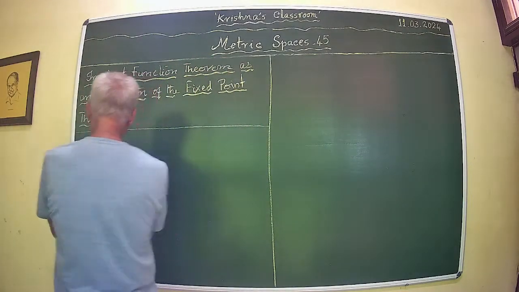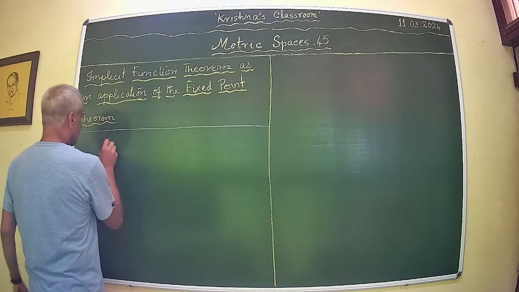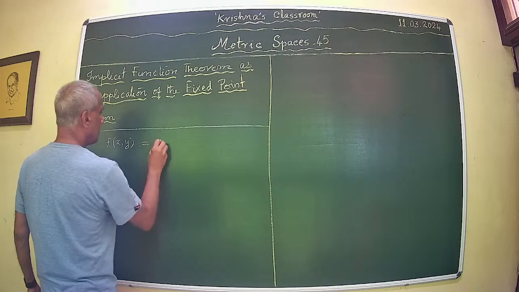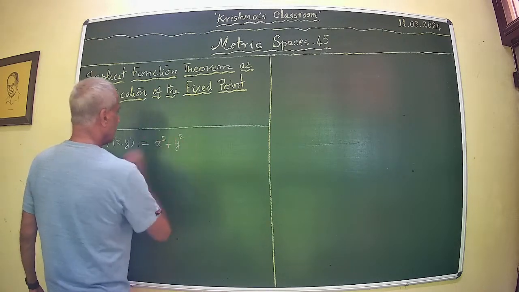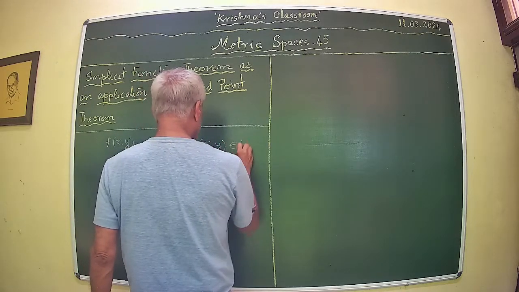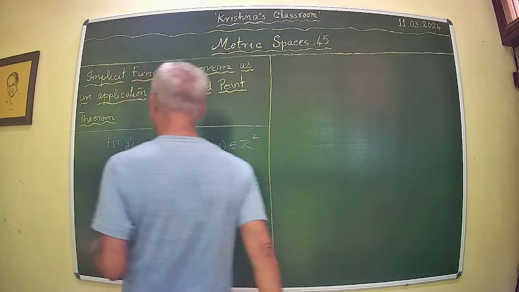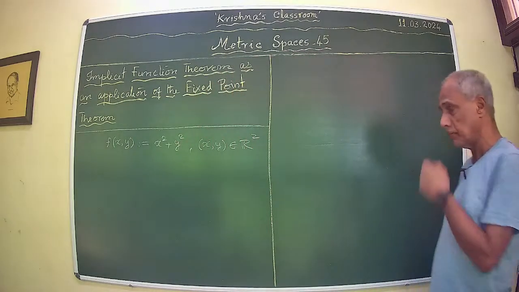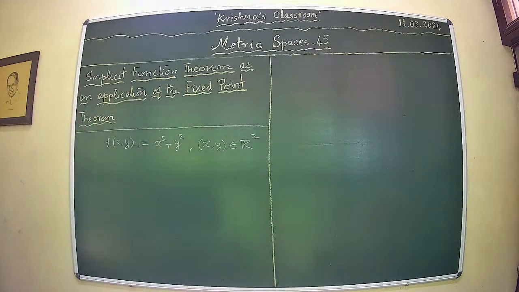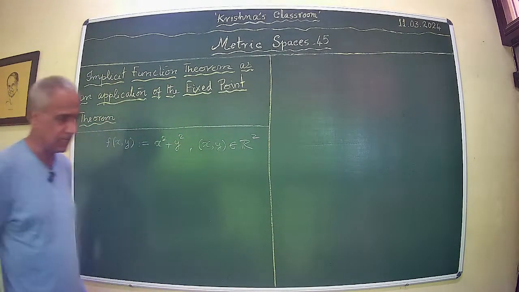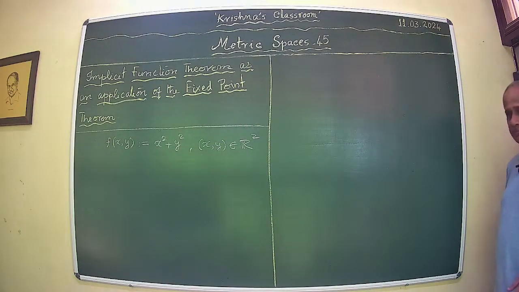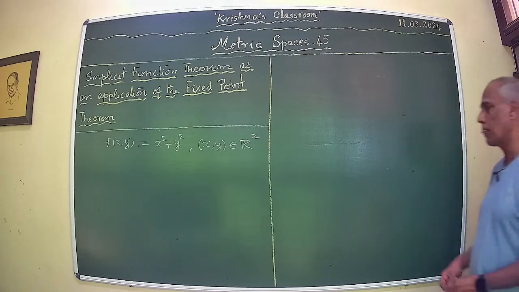Let us take the following function f, x square plus y square. Now we want to analyze the whole thing using geometry and get a feel of the problem, and that would make the conditions that we impose in the statement of the theorem more transparent.